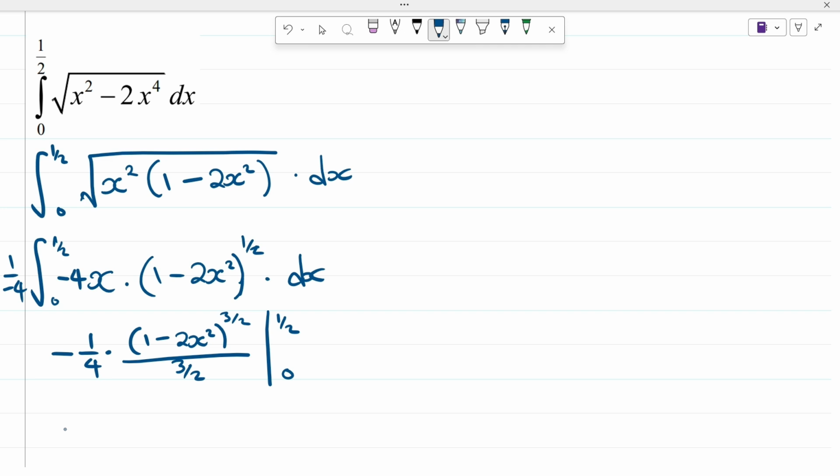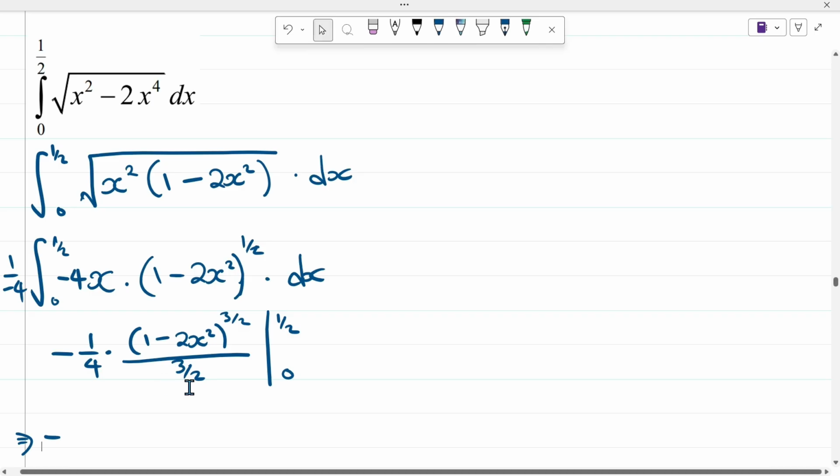Then from there, I need to substitute my limits. So I substitute my limit here. I'm going to get negative, okay, so 2 will go up there. So it will be 2 over 4 times 3. 4 times 3 is 12.